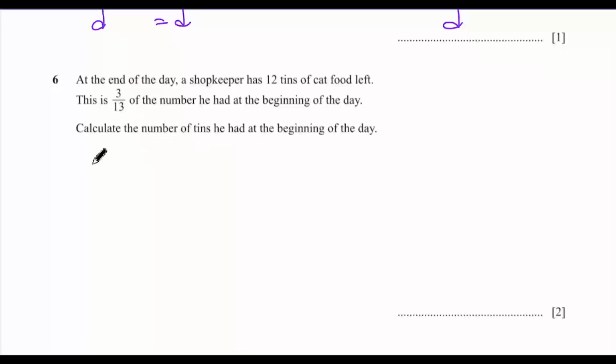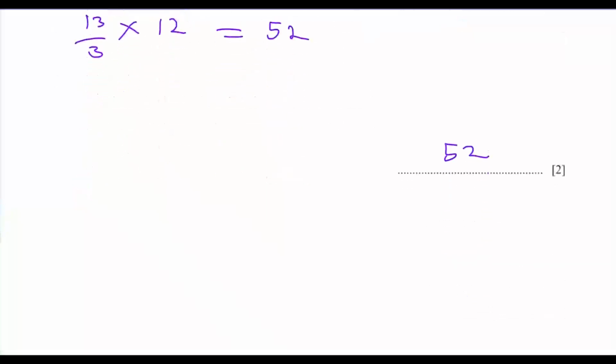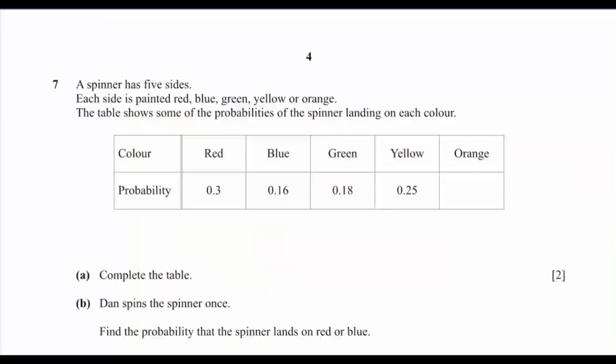So what you need to do is to flip these 3 out of 13. That will be 13 out of 3 multiplied by 12. So that will give you the number of tins he had at the beginning of the day. And this will be 52. So we have 52 here. That is pretty easy.